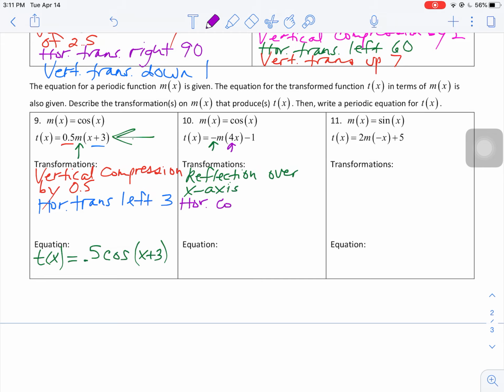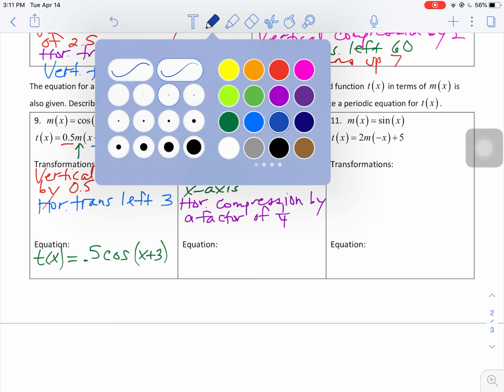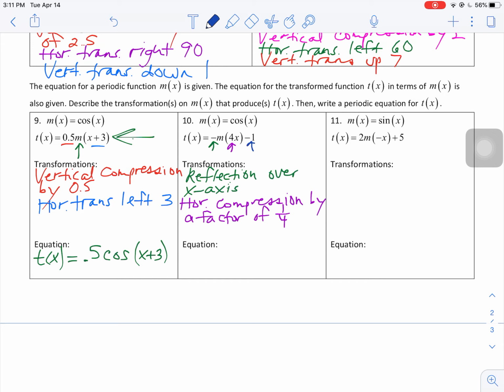So horizontal compression by a factor of 1 over 4, because it's supposed to be 1 over b. And then that minus 1 in the back should just be down 1. So vertical translation down 1.